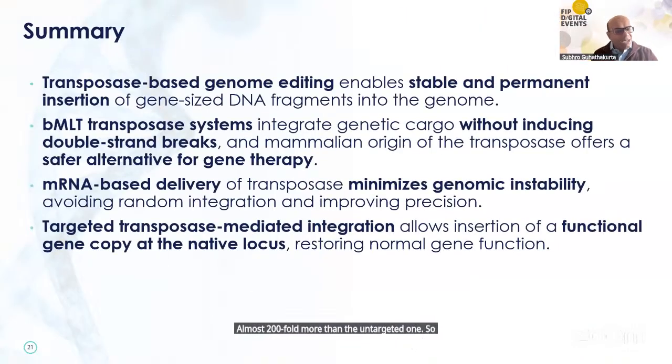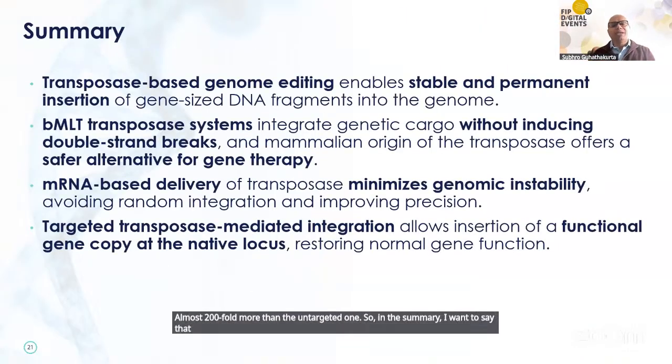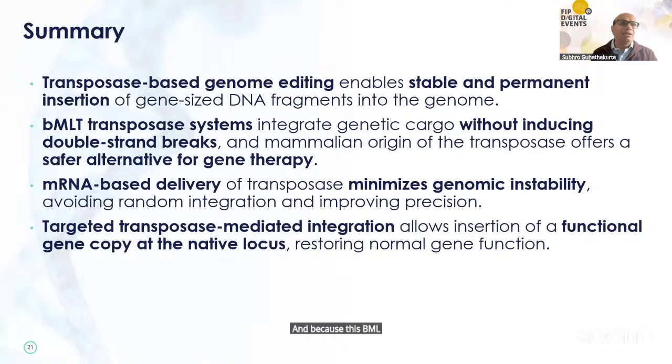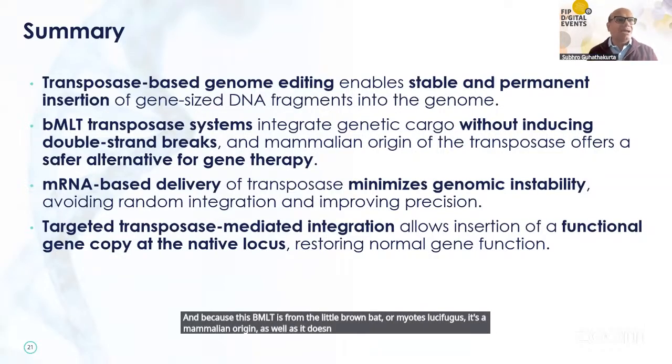So, in summary, transposase genome editing enables stable and permanent insertion of a very large fragment. Because this BMLT is from the little brown bat, Myotis lucifugus, it is of mammalian origin, and it doesn't create any double strand break at the site of integration or during transposition. It is very safe and immune reaction is low.